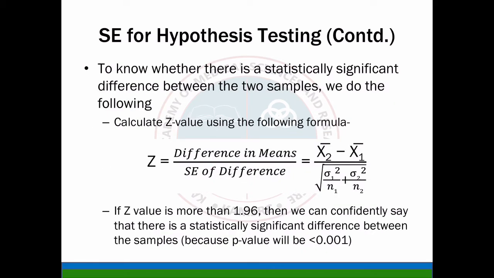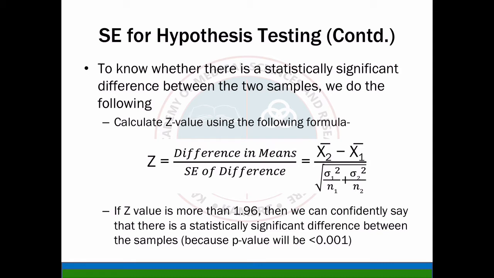To know whether there is a statistically significant difference between the two samples, we do the following calculation. The Z value is calculated. How are we going to calculate the Z value? Z is the difference in means divided by the standard error of the difference. That is, x2 bar minus x1 bar divided by the square root of sigma 1 squared by n1 plus sigma 2 squared by n2.